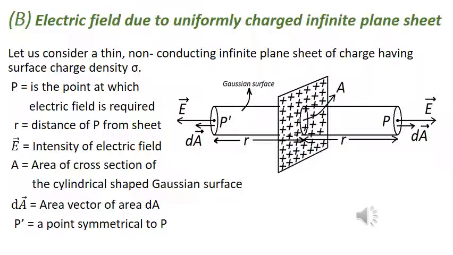As we know, on the curved surface, the angle between electric field intensity and the area vector of the Gaussian surface is 90 degrees. Therefore, the flux through the curved surface of the cylinder will be equal to 0. So, we will have to find the flux through the cross-sectional area A only.